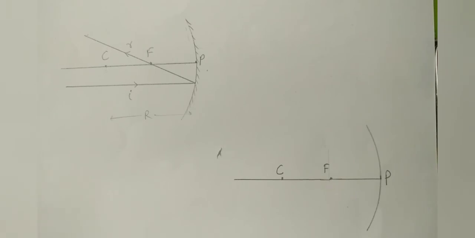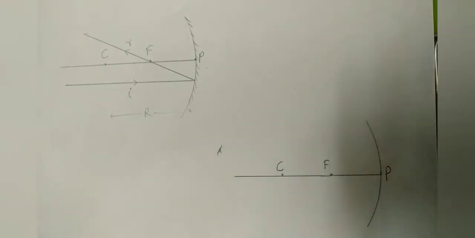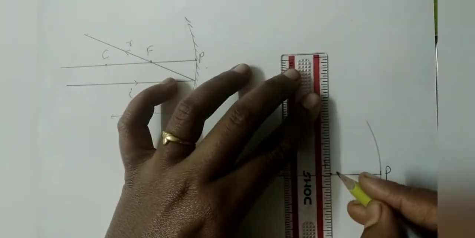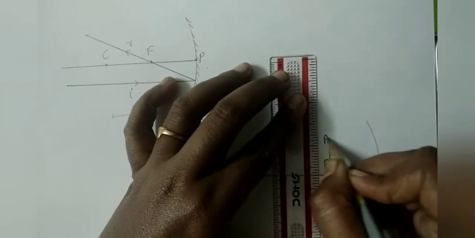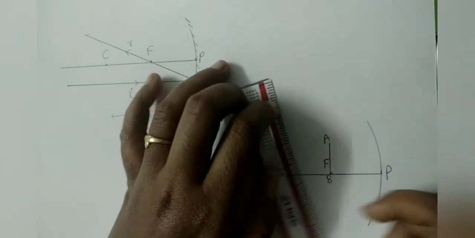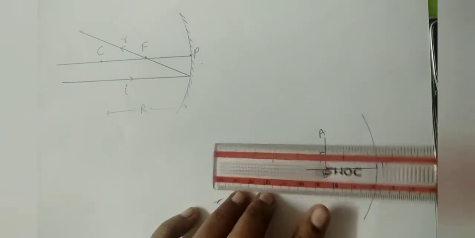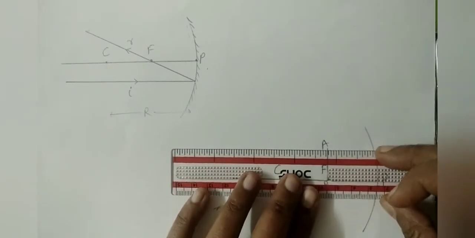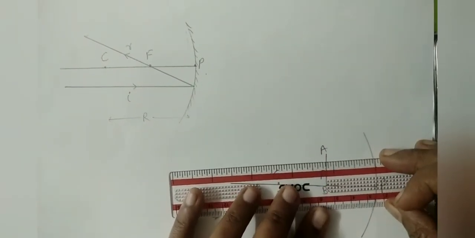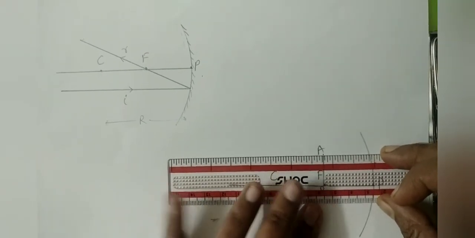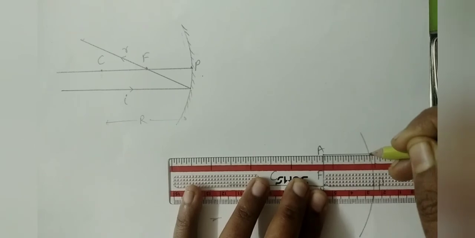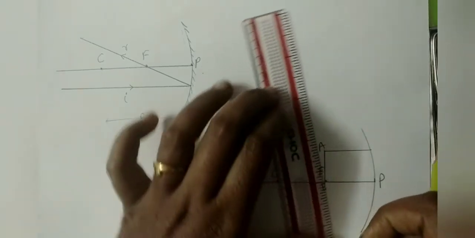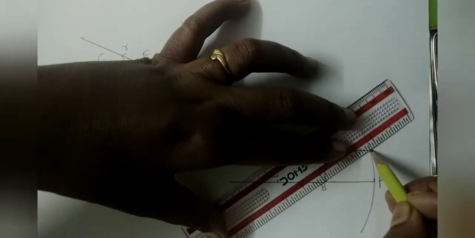Now see, when object is placed at focus. So here object AB is placed at focus, first ray which is going parallel to the principal axis, and after reflection it passes from the focus.